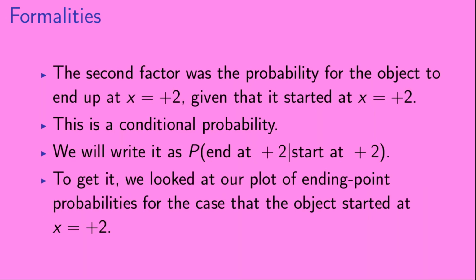The second factor was the probability for the object to end up at x equals +2, given that it started at x equals +2. This is a conditional probability. We will write it as P of end at +2, given that it started at +2. To get it, we look at our plot of ending point probabilities for the case that the object started at x equals +2.